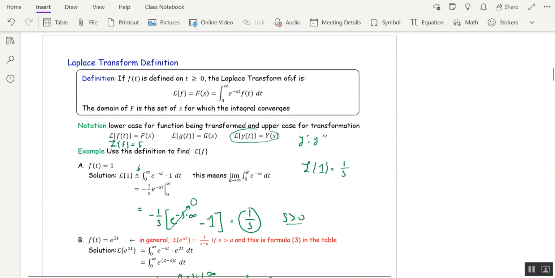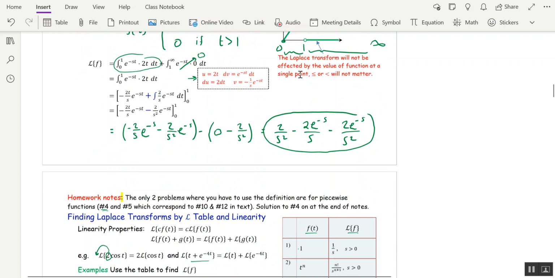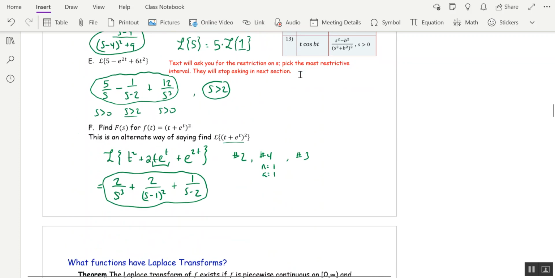It's the integral from 0 to infinity of e to the negative st times f. If f grows wicked fast, then this integral won't converge, right? So when you multiply by e to the negative st, you need to have a function that will converge on the integral from 0 to infinity. So you can't have a function that grows too fast. All of our functions will not grow too fast, don't worry.